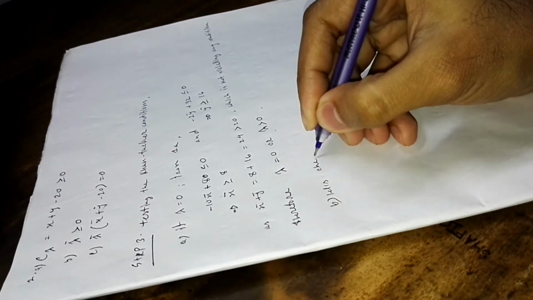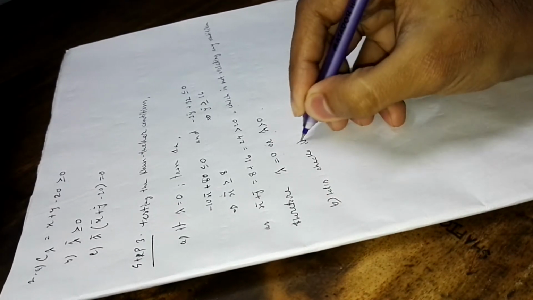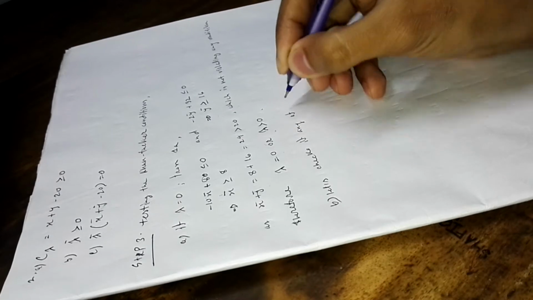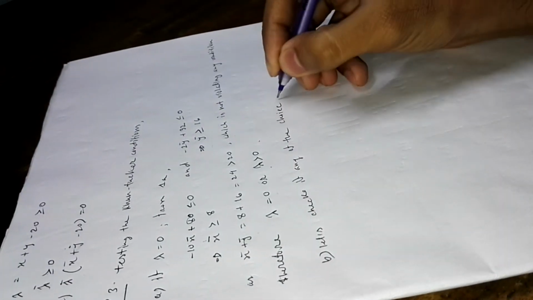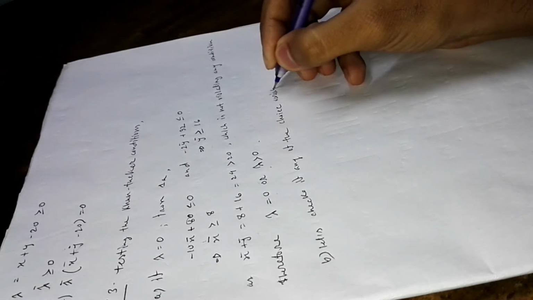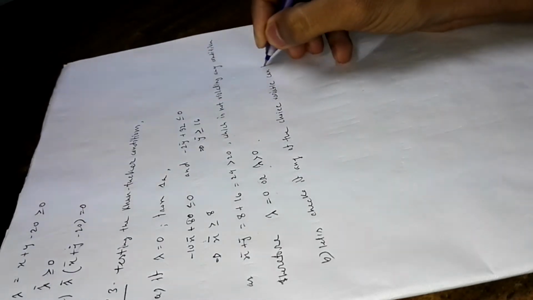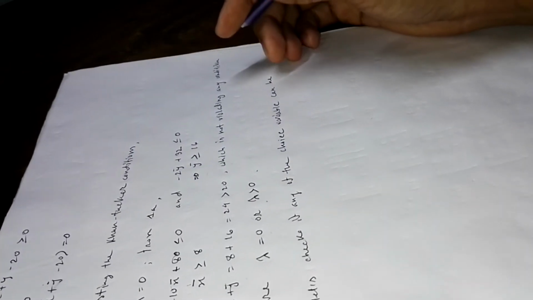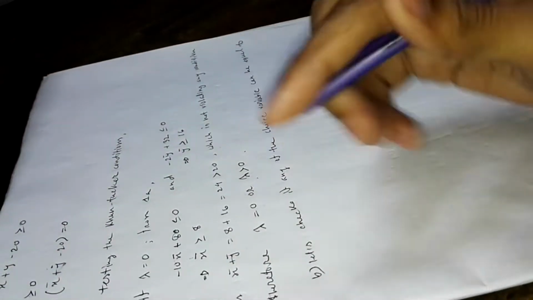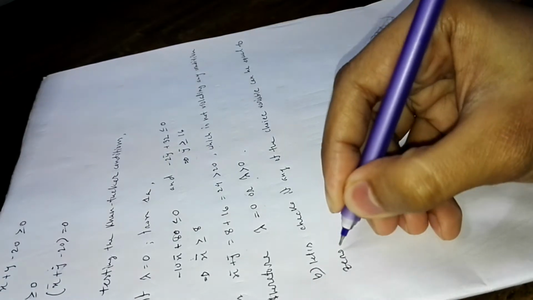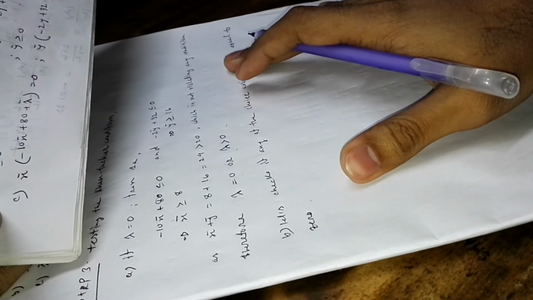Let's check if any of the choice variables can be equal to 0, right?